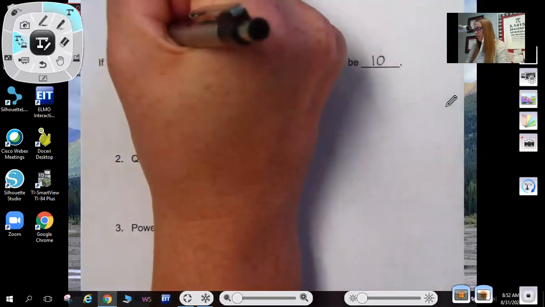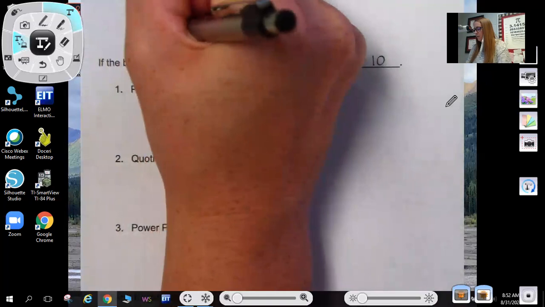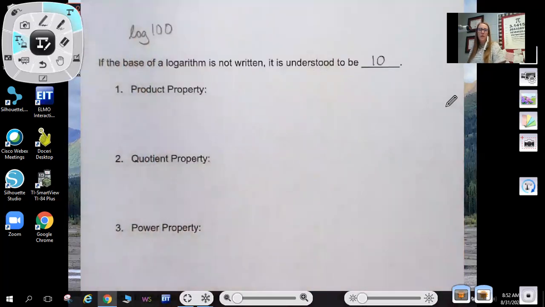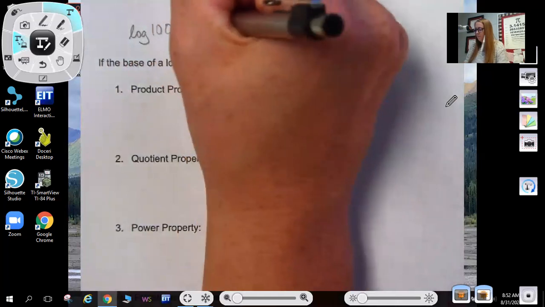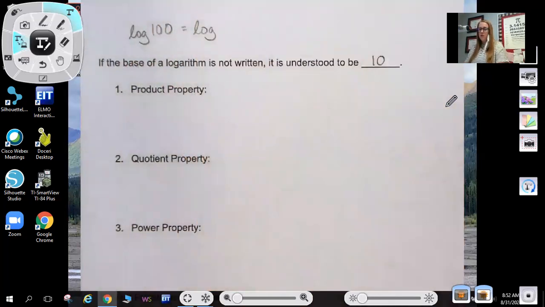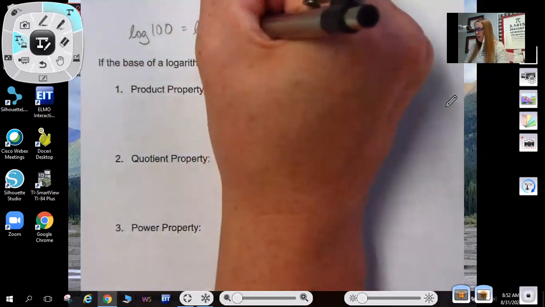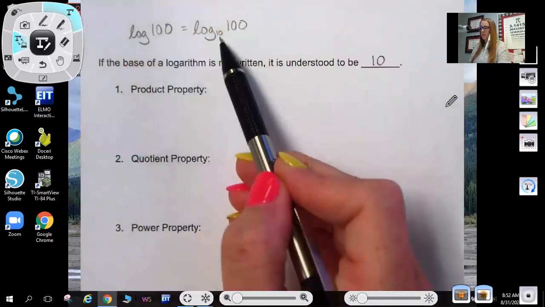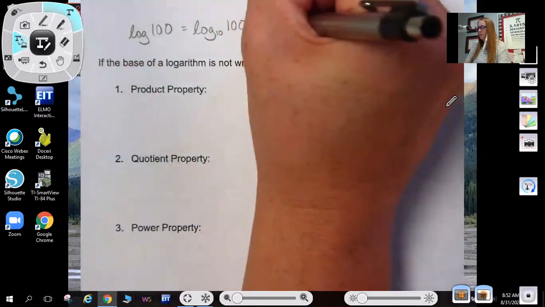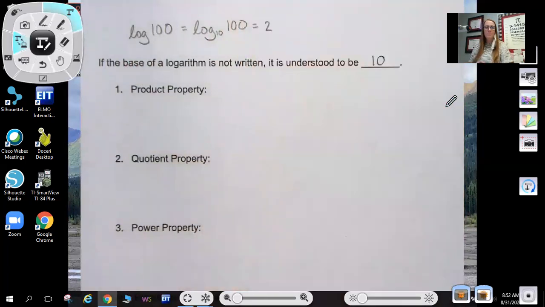Let's say now you're given something that looks like this: log of 100. There's no base written. Well, it's understood to be log base 10 of 100, which is 10 to what power equals 100? 2. Yep.